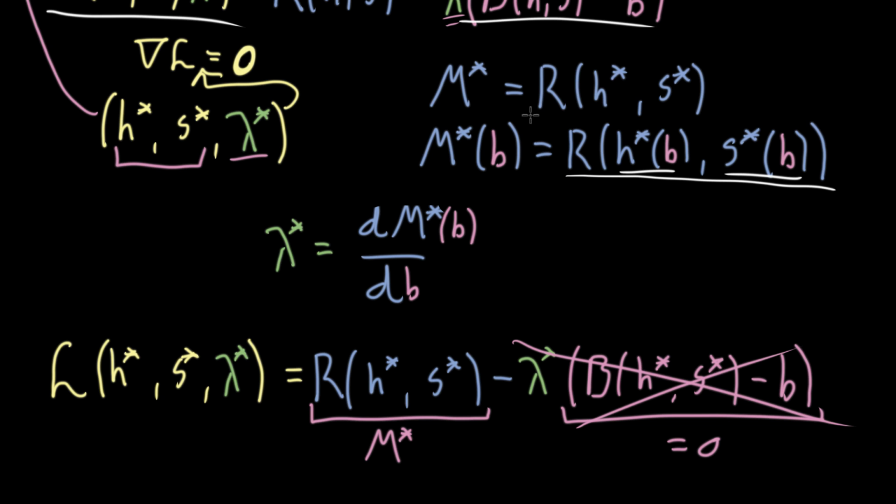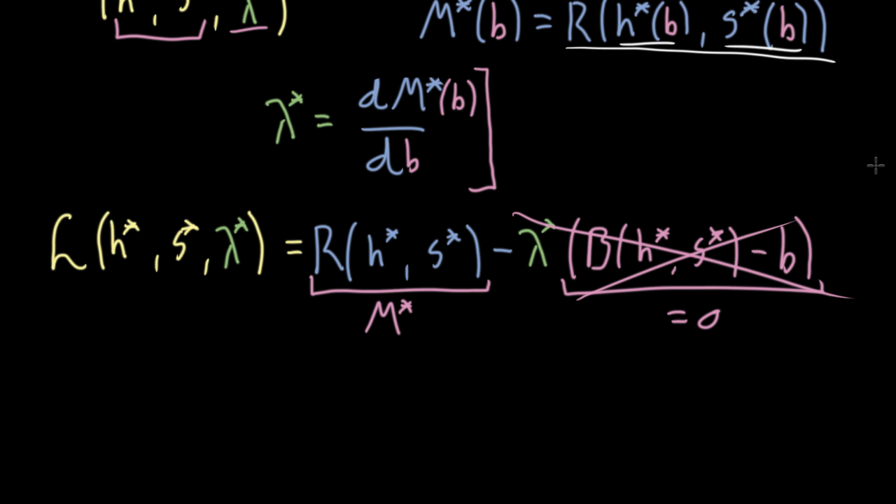So ultimately what we want is to understand how that maximum value changes when you consider it a function of the budget. So evidently, what we can look for is to just ask how the Lagrangian changes as you consider it a function of the budget.